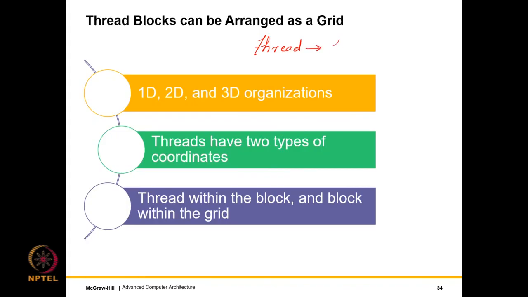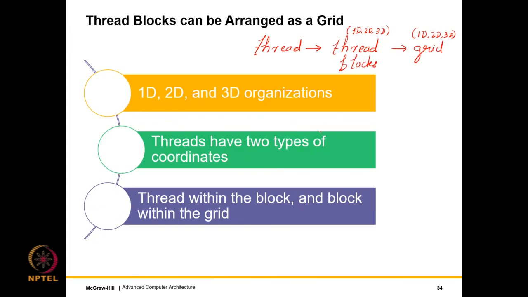Threads are grouped into thread blocks, and thread blocks are again arranged in a grid. For thread blocks we have 1D, 2D, and 3D. For a grid, we have exactly the same thing, 1D, 2D, and 3D.